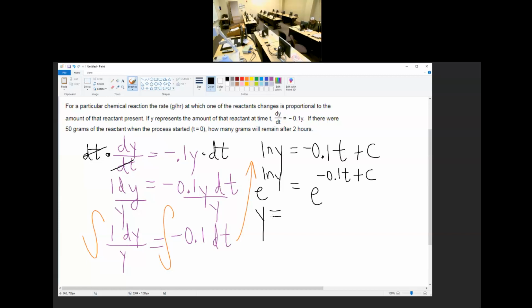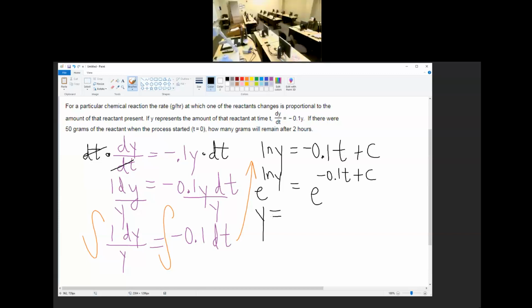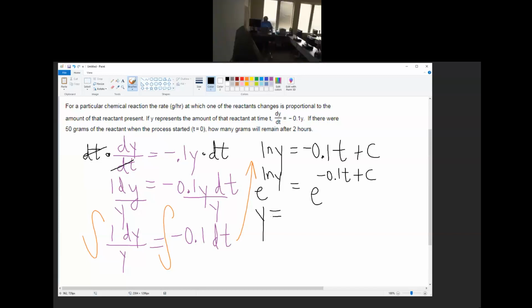Now, let me show you how to simplify the right-hand side. Because we have addition, you guys know from exponent rules and natural log rules that if you have addition, that started out as a product, kind of going backwards here.